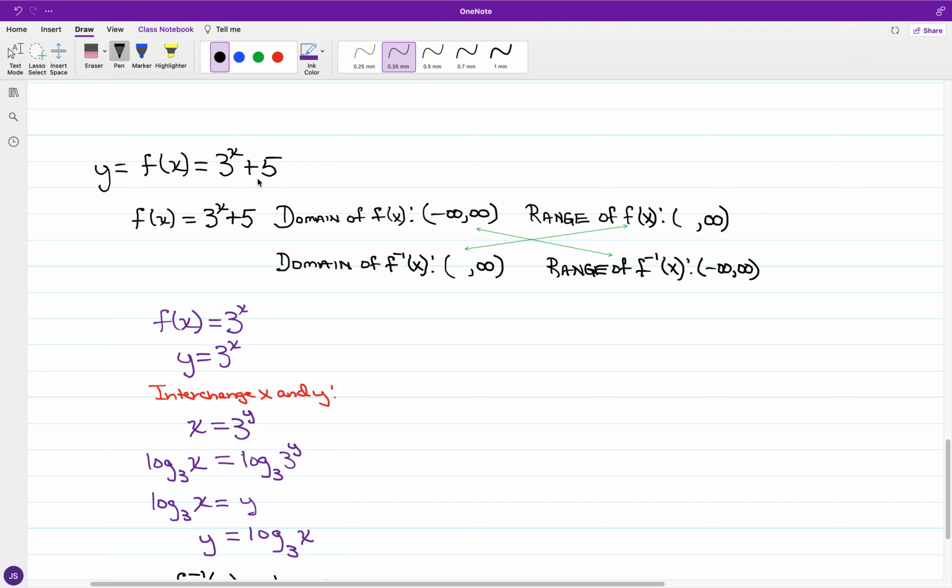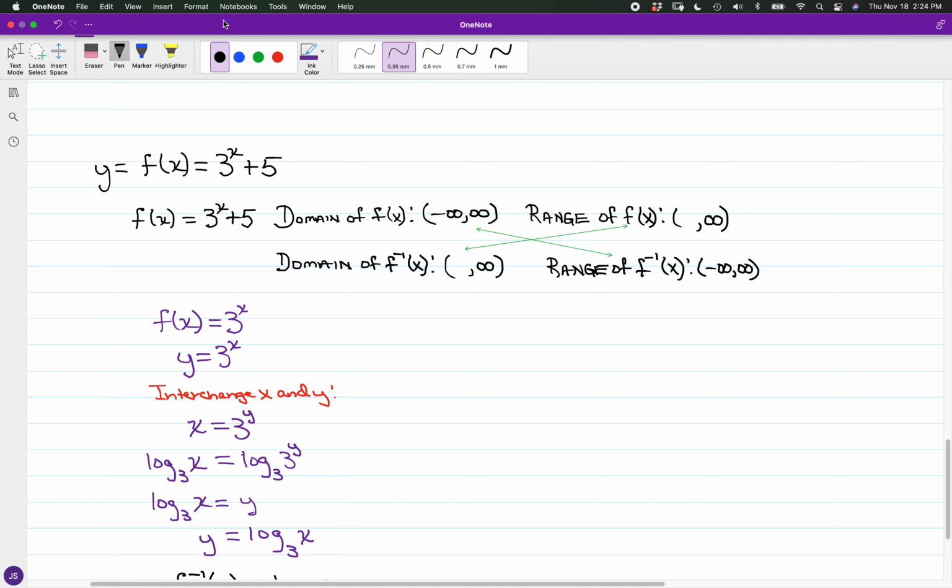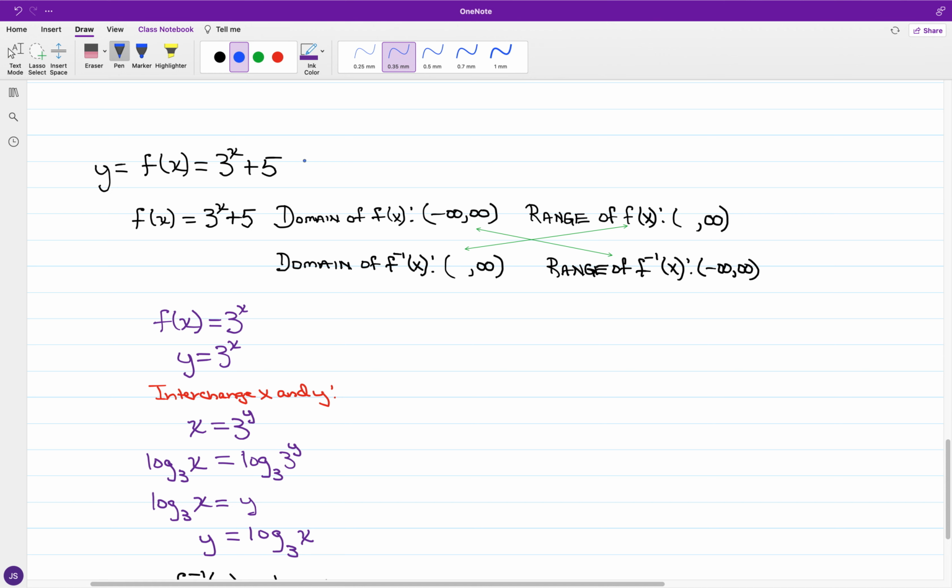But once I tack on 5, we have a positive vertical shift. This time I'll be stressing that y is greater than 5. And so for the range of the function, we have those values y greater than 5. In the inverse, we have those values x greater than 5.